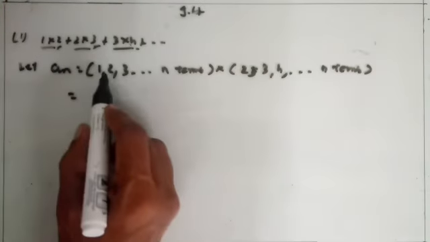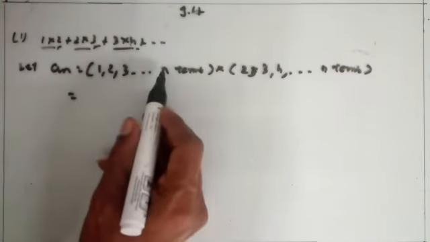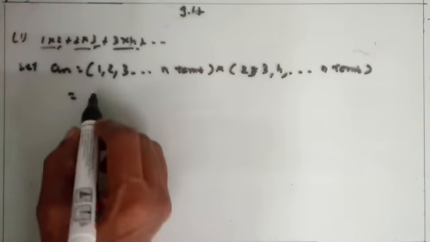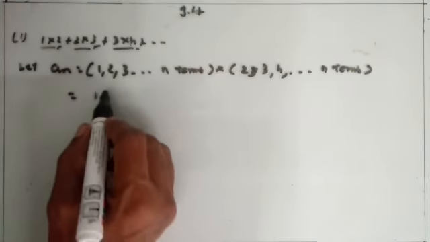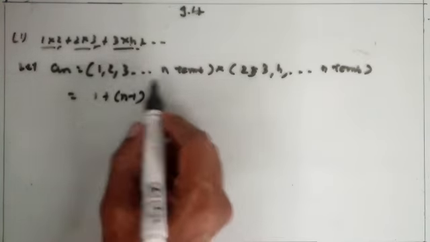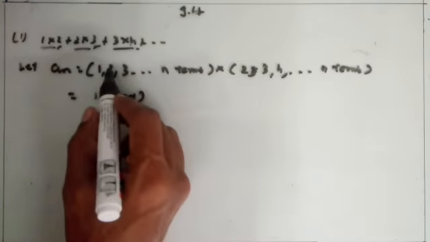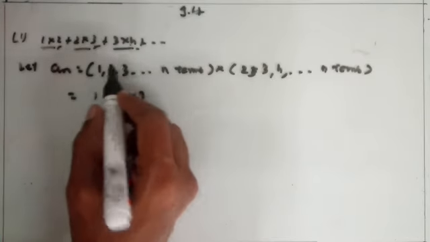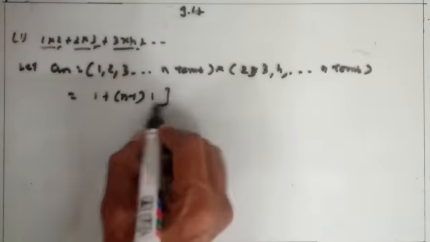Now, the nth term of 1, 2, 3 up to n terms we know how to find. Here the first term is 1, and the nth term is 1 plus (n minus 1) into d, the common difference, 2 minus 1, that is 1; here 3 minus 2 is also 1. Clear?